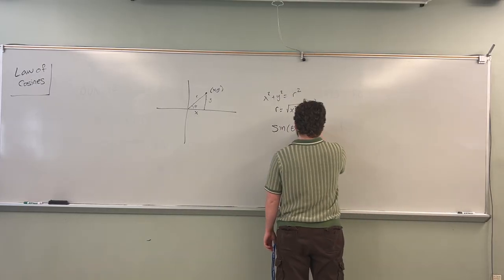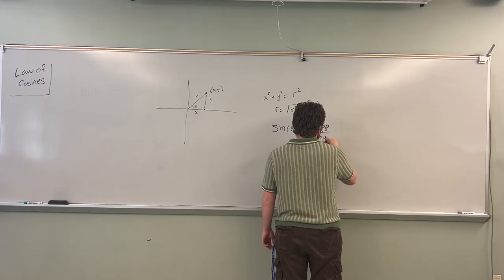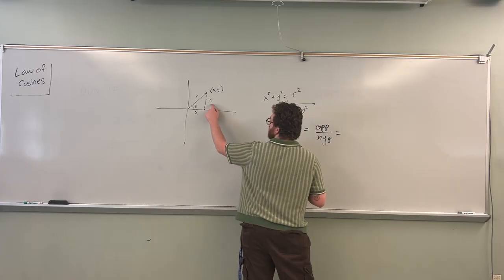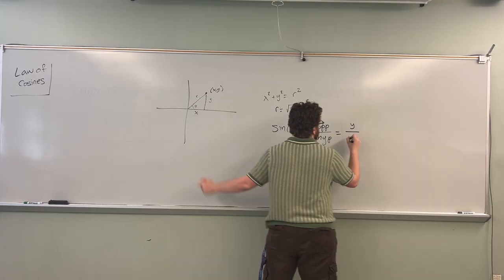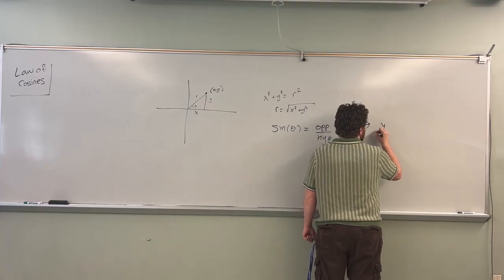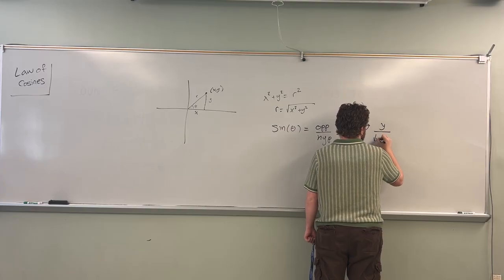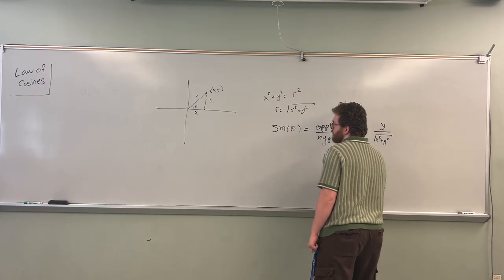So sine theta, we remember, is opposite over hypotenuse. Here my opposite side is y, and my hypotenuse is r. Or writing out what that hypotenuse actually is, that's the square root of x squared plus y squared.